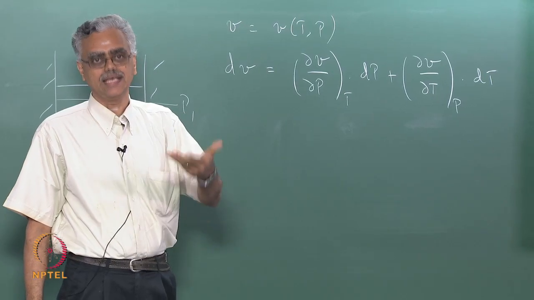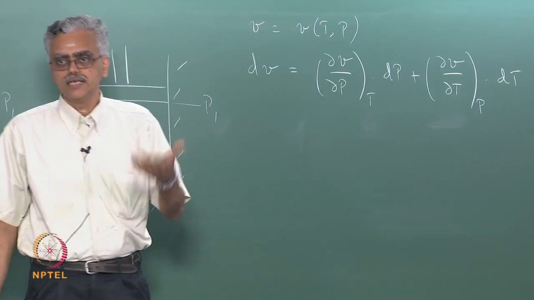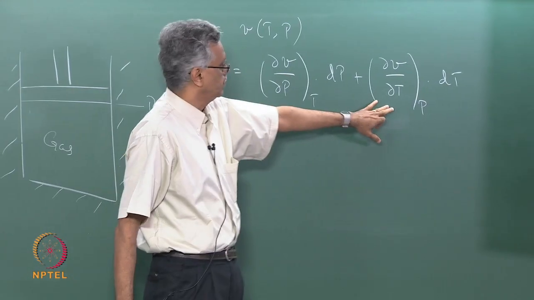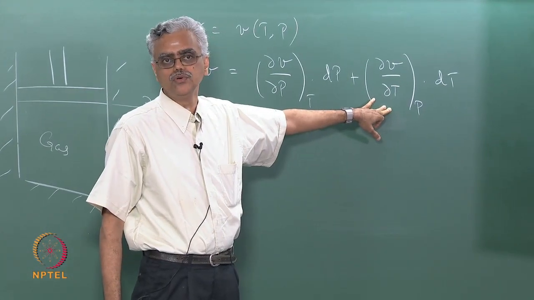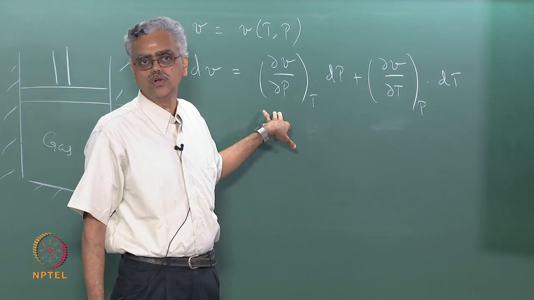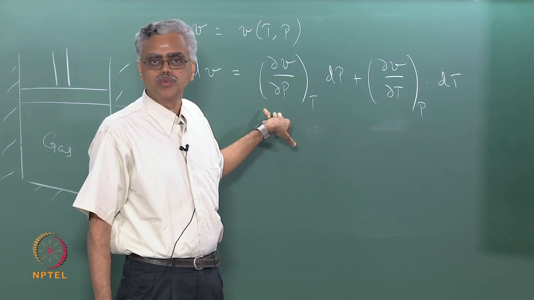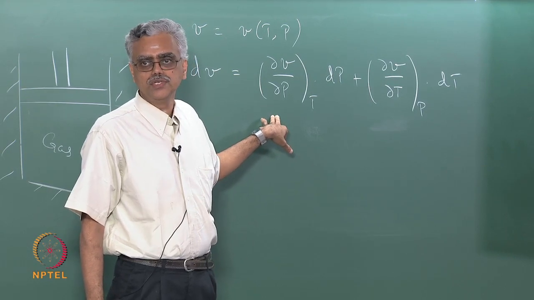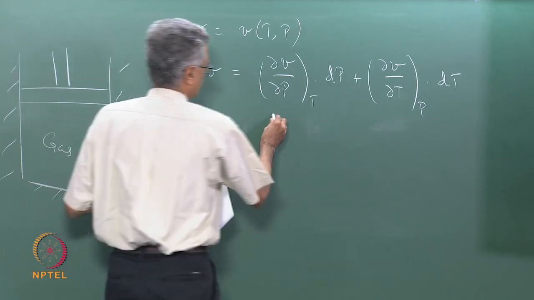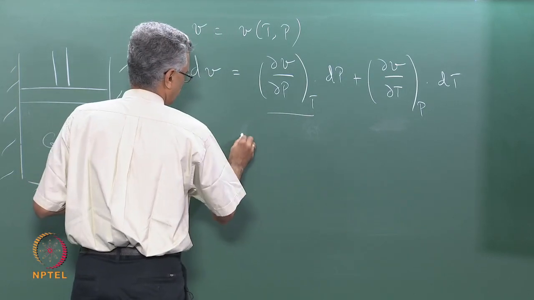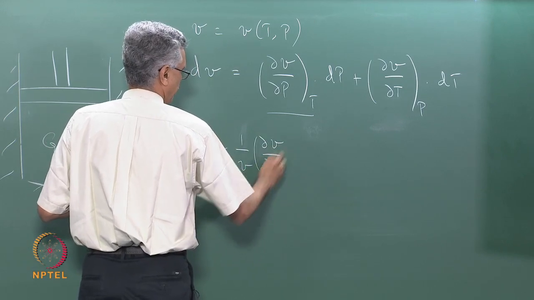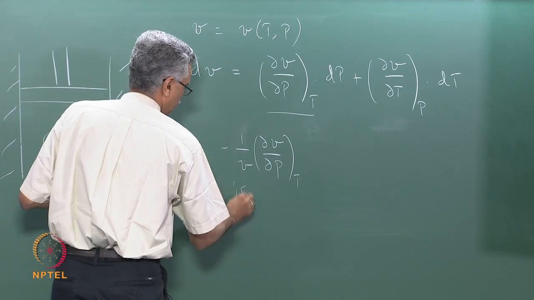You all know that when I heat a gas, its density decreases or specific volume increases. So that is what this term refers to. What is the change in specific volume due to just a change in temperature, right. This term talks about change in specific volume due to change in pressure. So this term is what relates to compressibility, right. So this term, in fact I can expand this and write this as, if I write this as minus 1 over V partial P, right. This is isothermal compressibility.